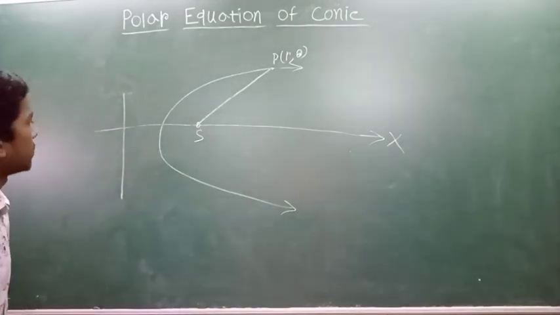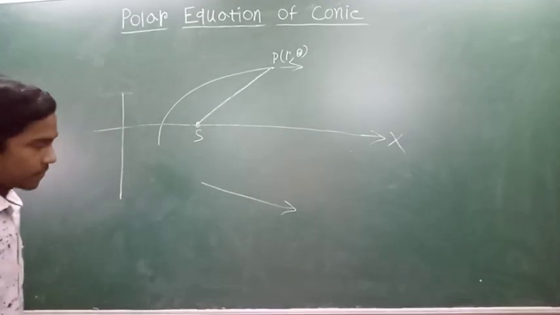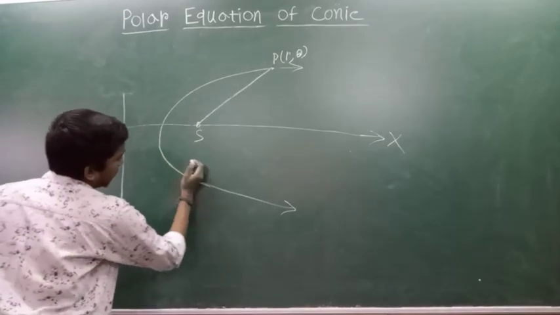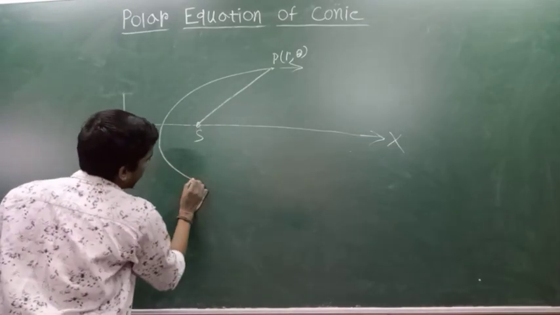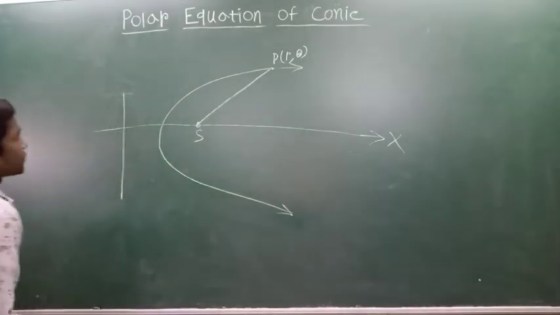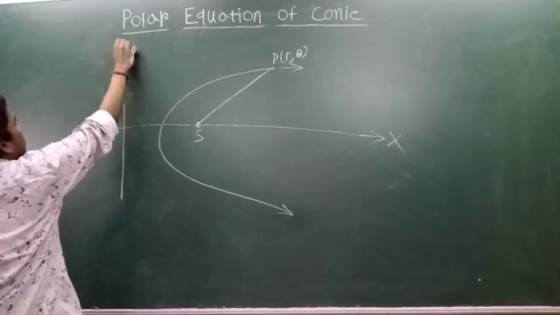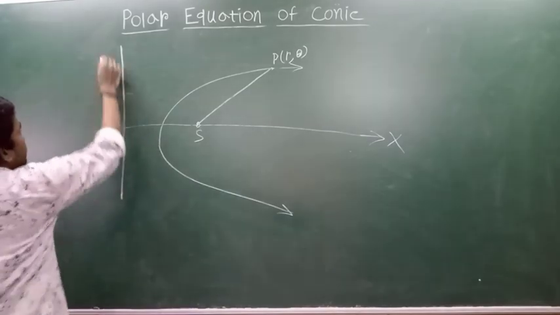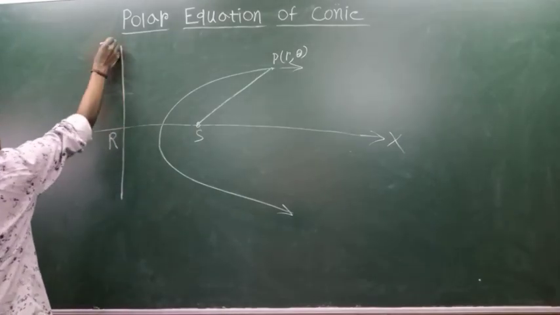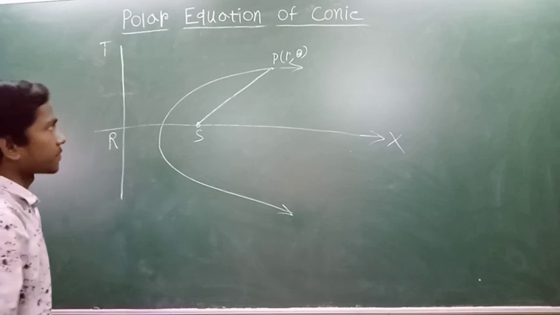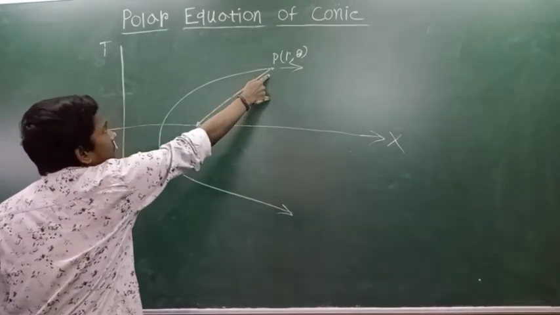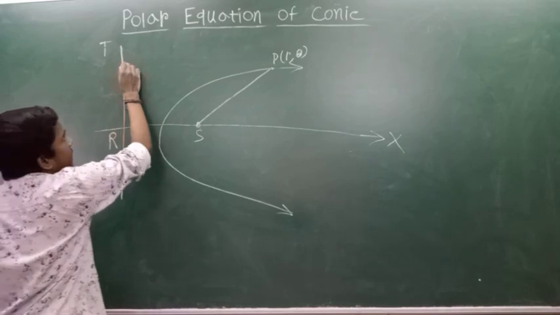Let me draw it better. So this is the directrix, say RT is the directrix. Now we draw a perpendicular from point P to the directrix.